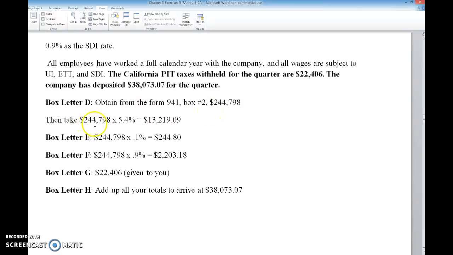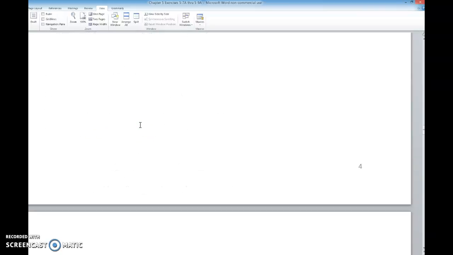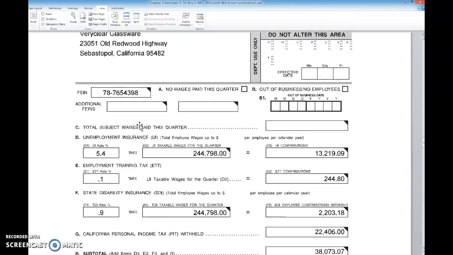We're going to take the $244,798 and multiply it by 5.4%, which will give us $13,219.09. In this state there's an employment training tax, which is 0.1%, so 0.1% of the taxable wages is $244.80. The state disability insurance is 0.9%, multiplied by the taxable wages. So our state disability insurance is $2,203.18.